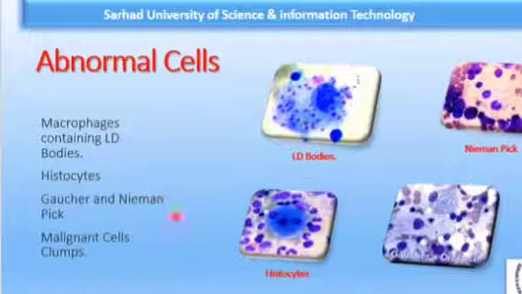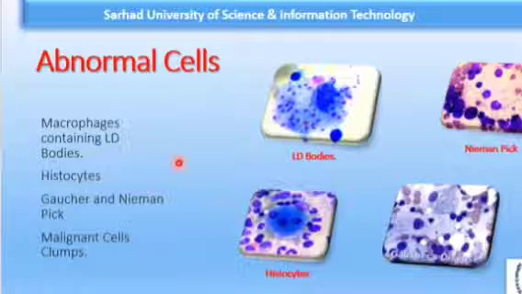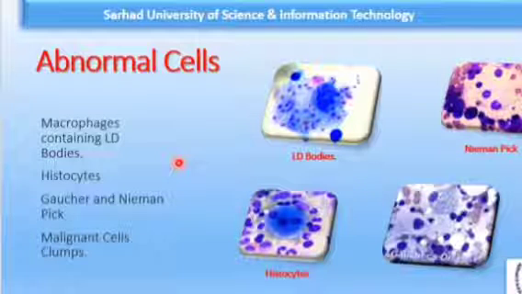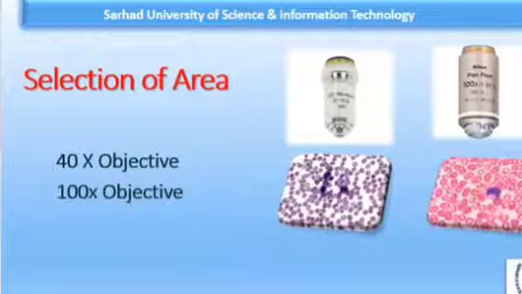So these are the abnormal cells, and they also have their own importance. Whenever you are looking at the morphology of a bone marrow, you will not miss these types of cells.